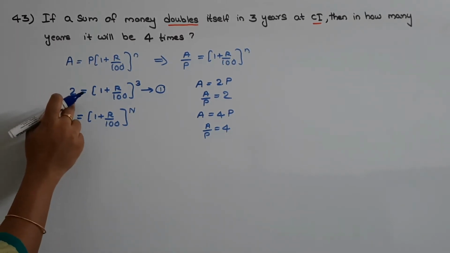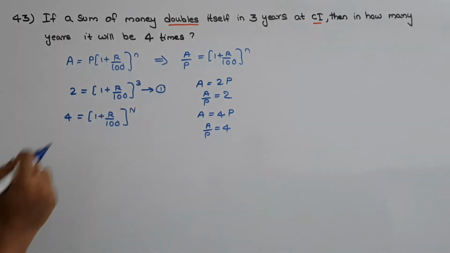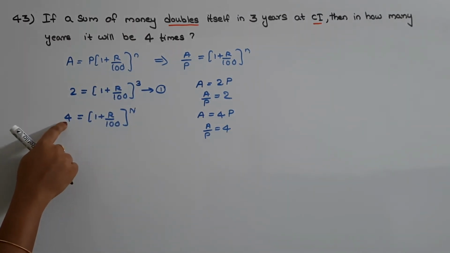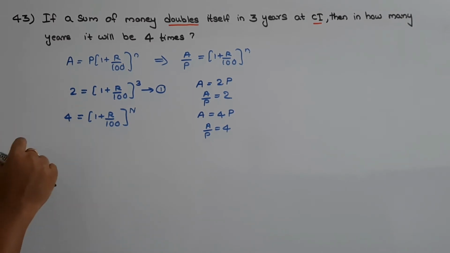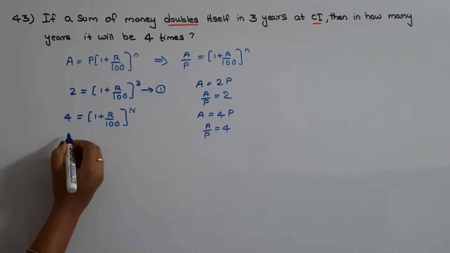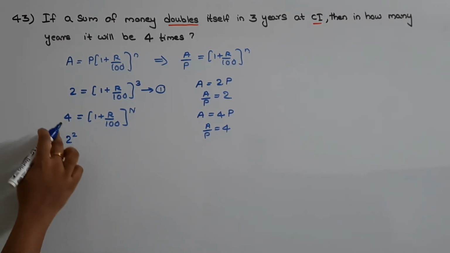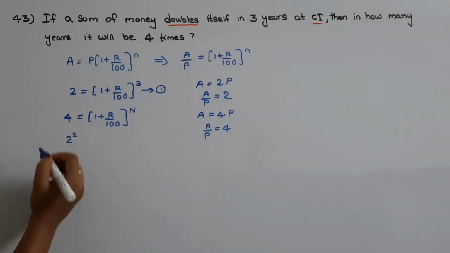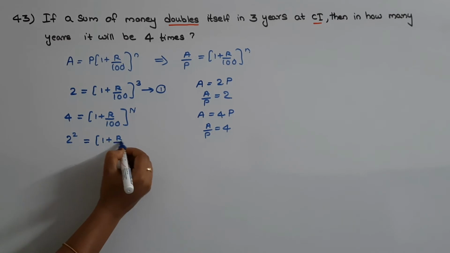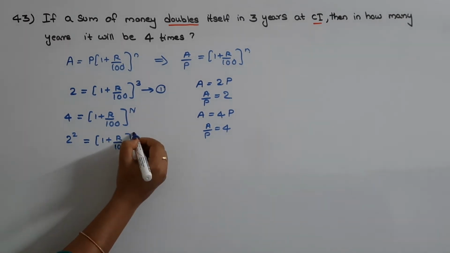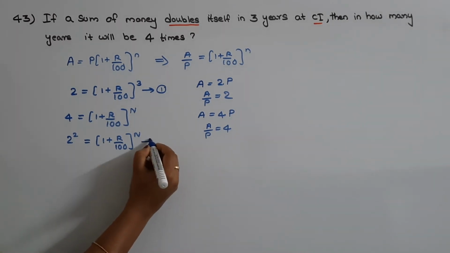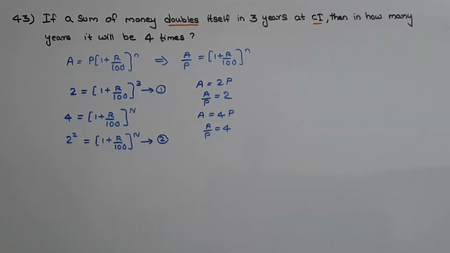Now we know that 2 is equal to 1 plus r by 100 whole cube. So we need to convert this 4 in terms of 2. So how can we write this 4? This 4 can be written as 2 square. Hence this equation can be written as 2 square is equal to 1 plus r by 100 whole raised to n. Let us consider this as equation 2.